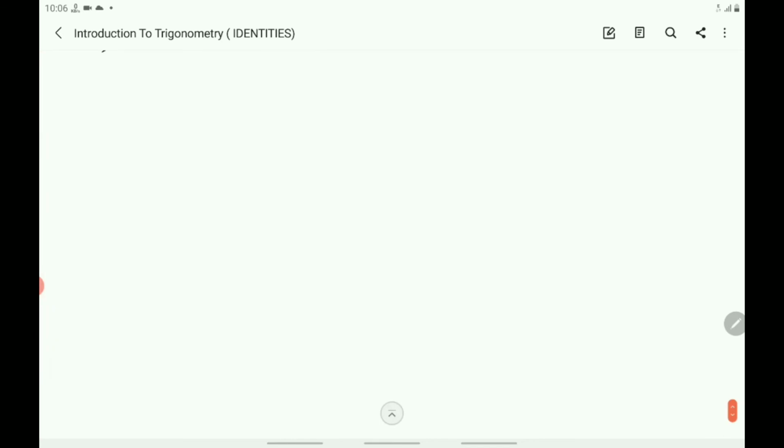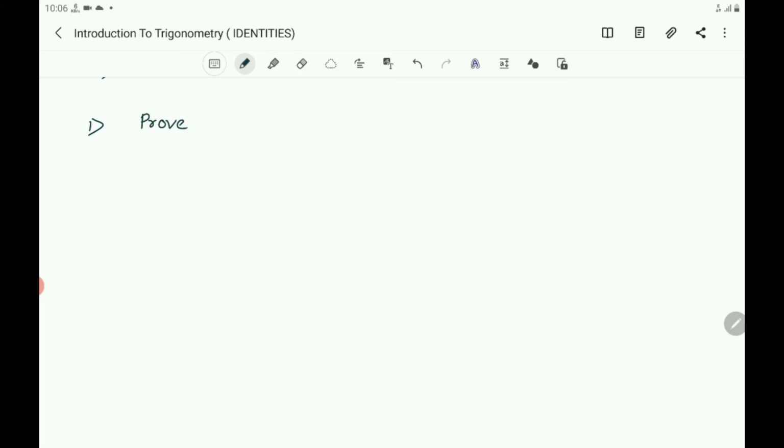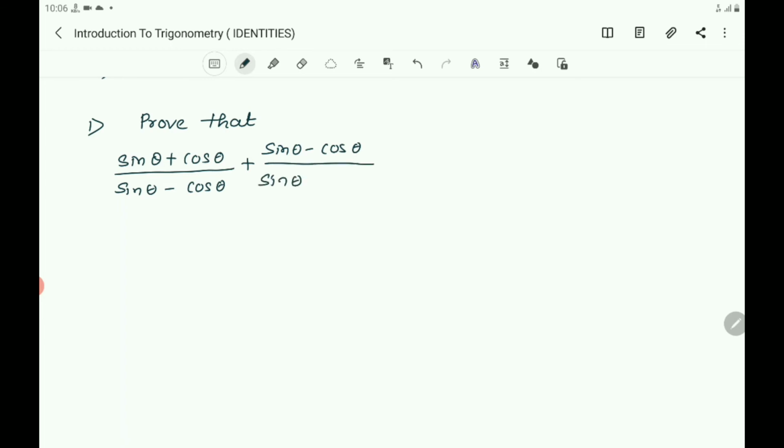You take the first one. Prove that sin theta plus cos theta by sin theta minus cos theta plus sin theta minus cos theta by sin theta plus cos theta equals 2 sec square theta by tan square theta minus 1.